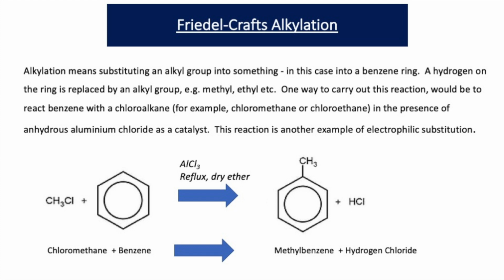Now, if I wanted to make ethylbenzene, I would use chloroethane instead of chloromethane. And in the reaction I've drawn out here, the electrophile is CH3+. However, if I was making ethylbenzene, the electrophile would be C2H5+. And if I was making propylbenzene, the electrophile would be C3H7+.